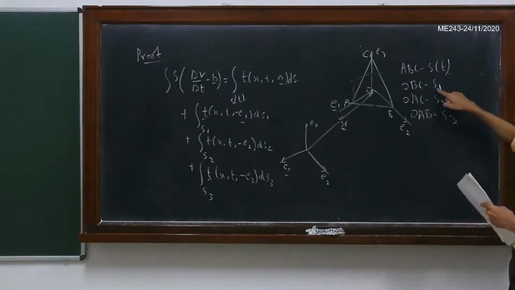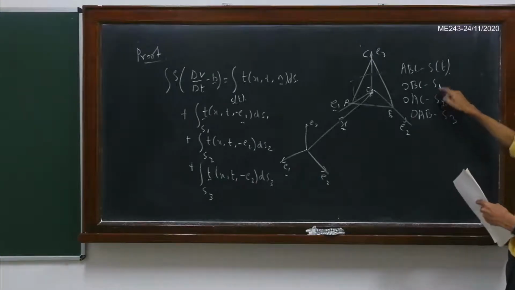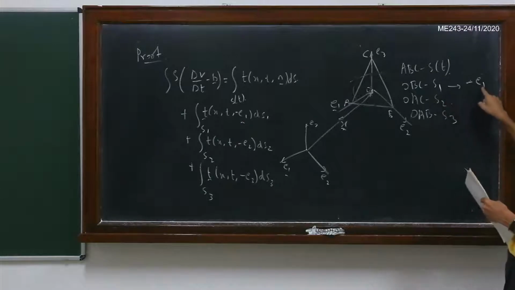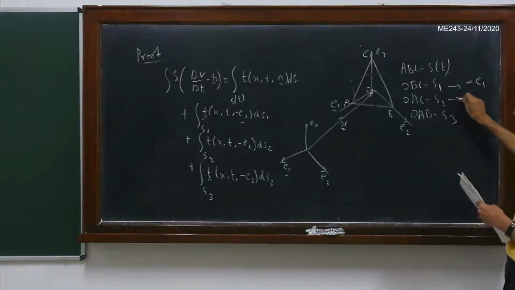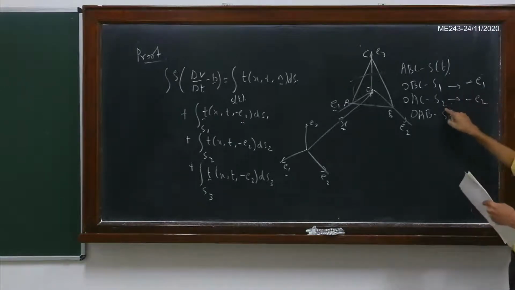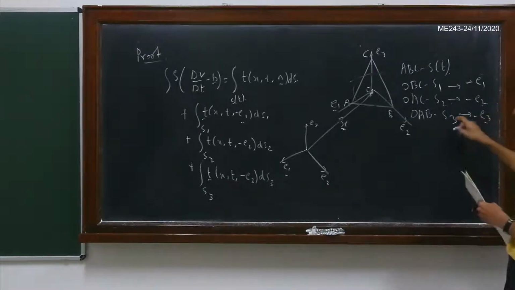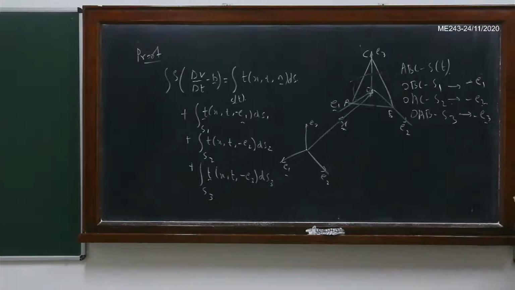The normal to the first surface is minus E1, which is why I call it S1. Here the normal is minus E2, so I call this surface S2, and here the normal is minus E3. That is the reason I call it the surface S3.